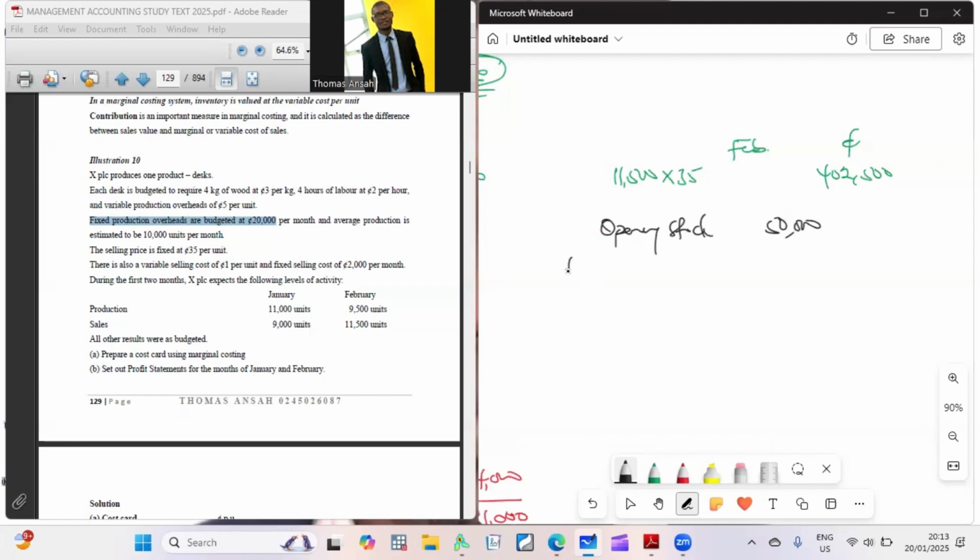And the other things, the direct material: this time round, the production is 9,500, and we did that in the absorption. So 9,500 by 12. DL was 8, eh? Yes. Then there was the variable production, and so that one is 9,500 by 5.